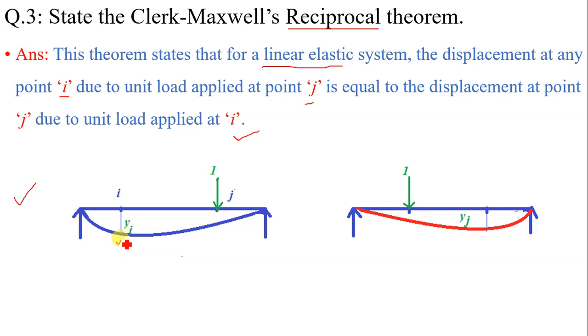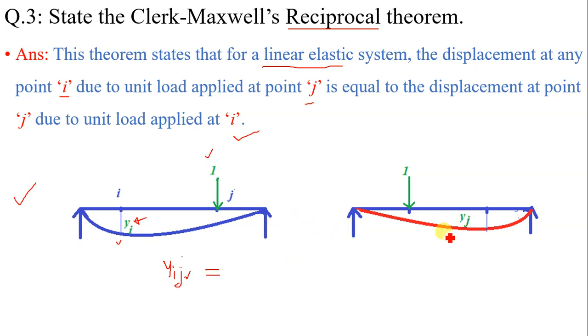This is the new position of I, and this is yi, the deflection of point I. This deflection is the result of the unit load applied at J. Sometimes we can write it like this: yIJ means deflection of I because of unit load at J.